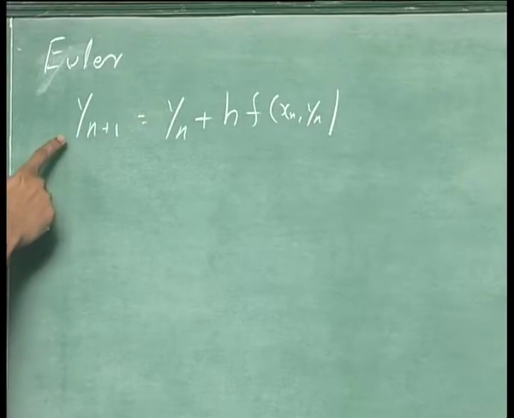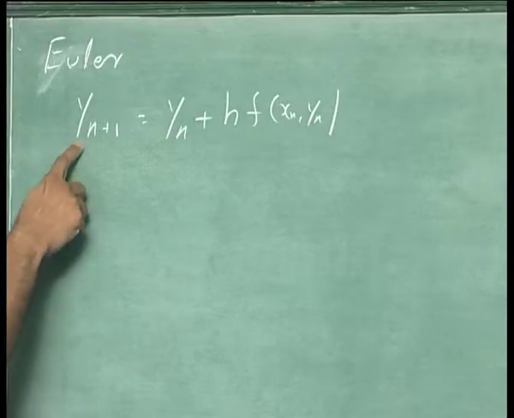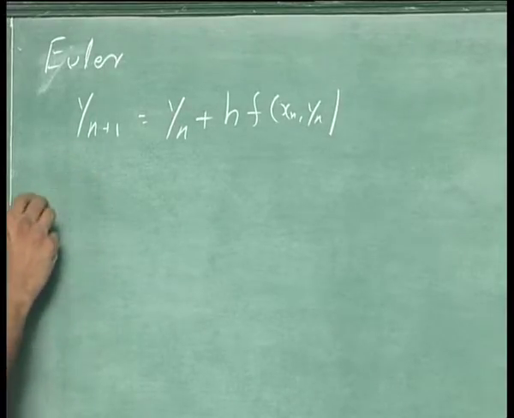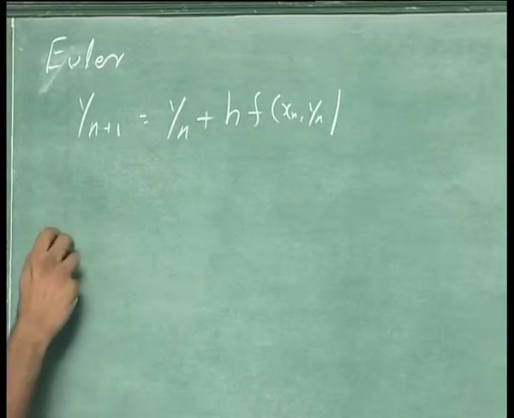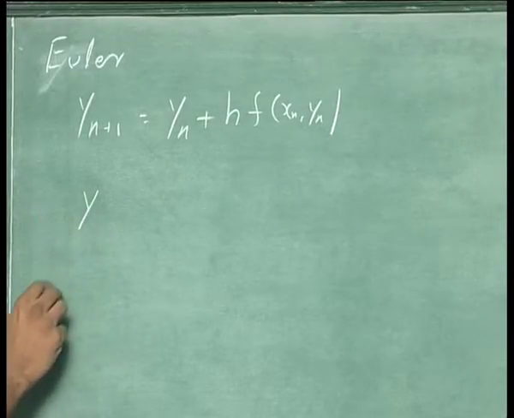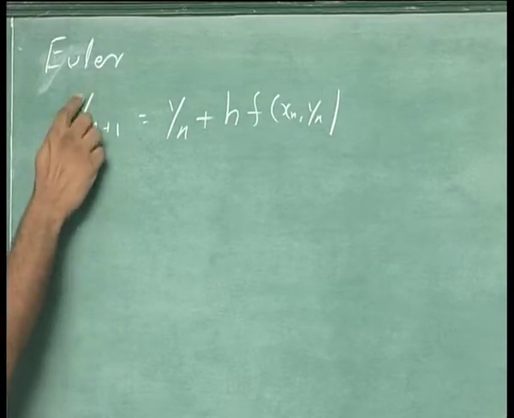And in the predictor corrector method, which is a simple extension of this, we said I can evaluate it in two steps. One is this, which I call yn plus 1 0.